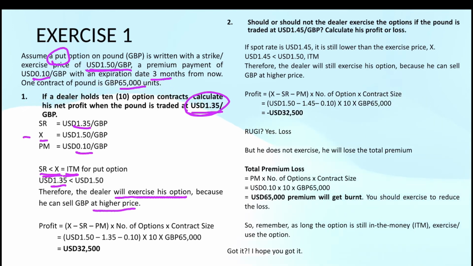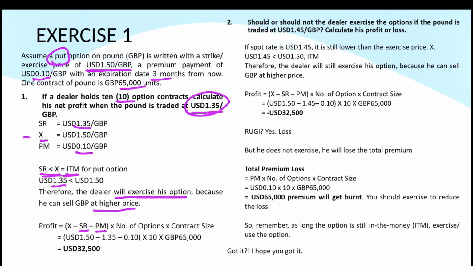So let's calculate how to get the profit. Exercise price minus the spot rate minus premium price, times the number of options, which is 10 options. For one option, the size is 65,000 GBP.